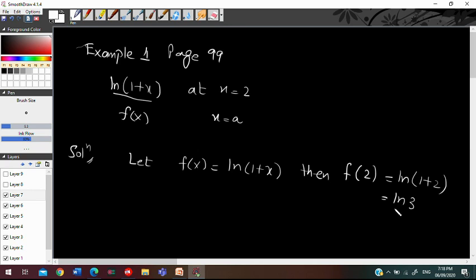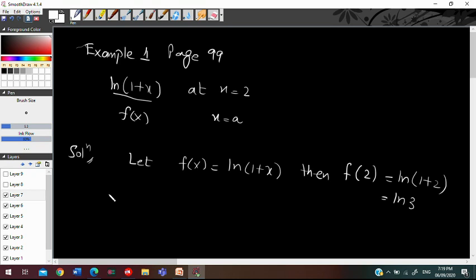The second thing which we have discussed is that all the derivatives must exist at that point. So we have to find the derivatives.